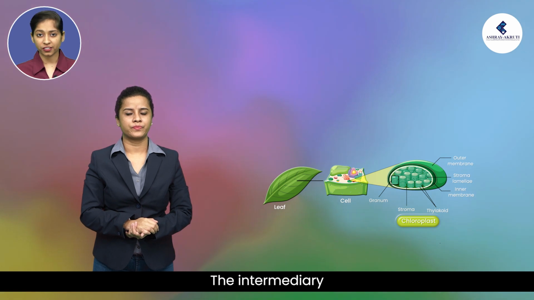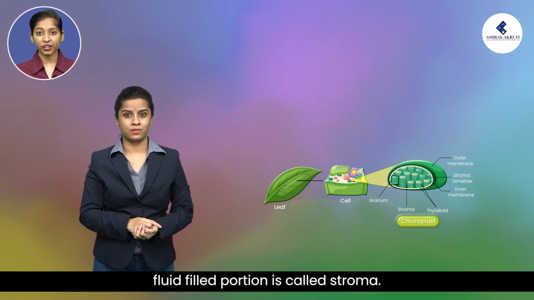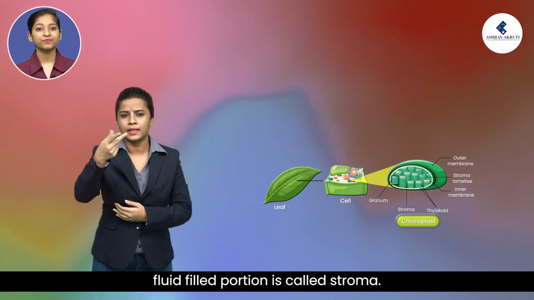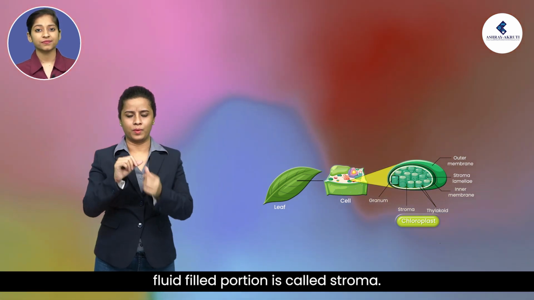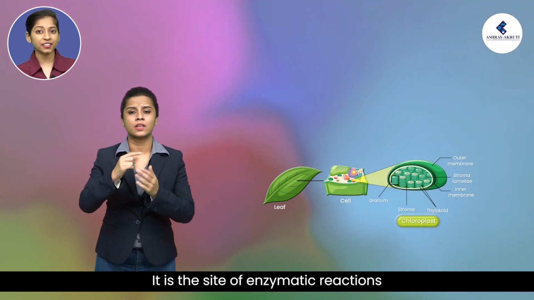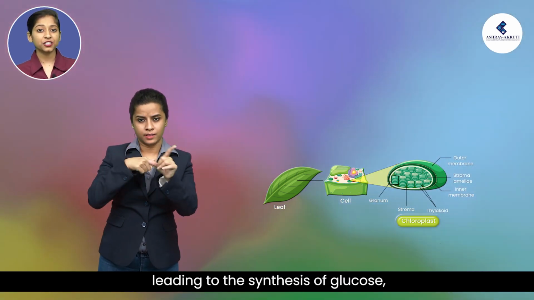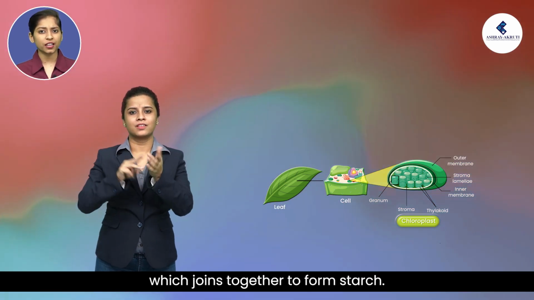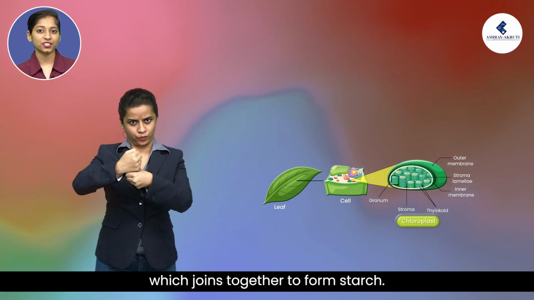The intermediary fluid-filled portion is called stroma. It is the site of enzymatic reaction leading to the synthesis of glucose, which joins together to form starch.